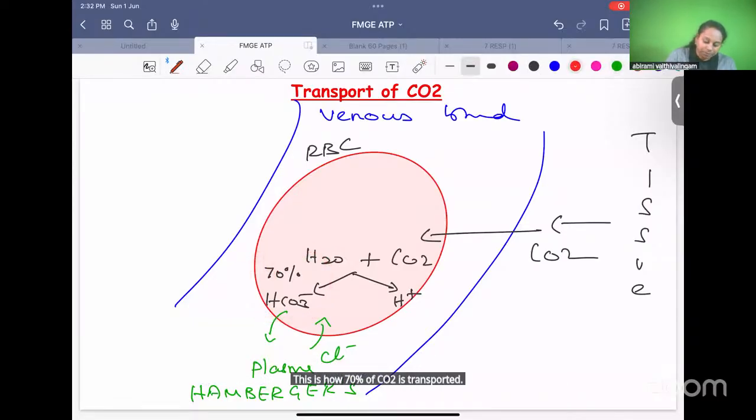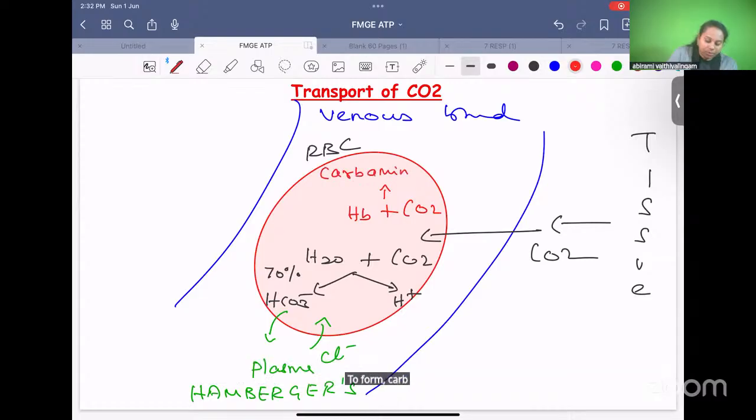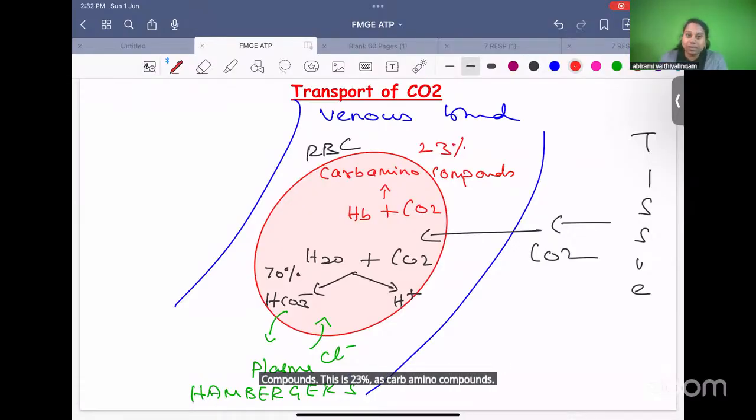The remaining, some of the CO2 combines with hemoglobin to form carbamino compounds. This is 23% as carbamino compounds. 70 plus 23 is 93.